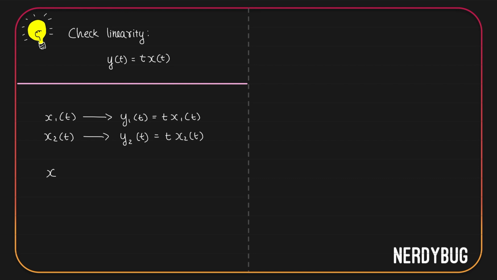Let us say there is another input x3 of t, but it is actually the weighted sum of the first two inputs. x3 of t is a x1 of t plus b x2 of t. Now let's give x3 of t as an input. So we will get y3 of t. According to the definition in the question, y3 of t will be t x3 of t.